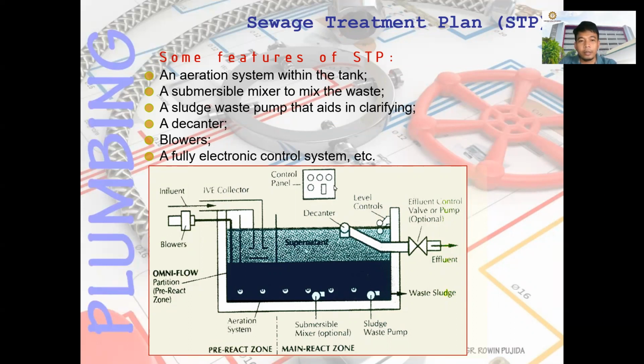Here is a sample diagram for the sewage treatment plant.